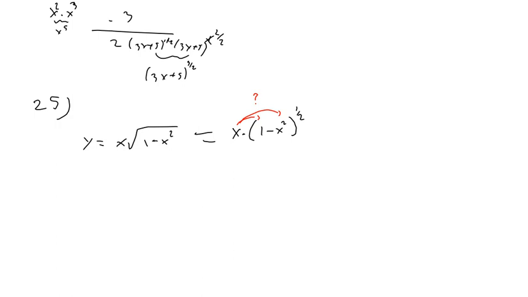Let's think about PEMDAS, right? Parentheses, exponents. So I need to do the exponent first before I'm allowed to multiply. If I do this 1/2 power, am I allowed to do this? Can I distribute inside of a square root? Not really.